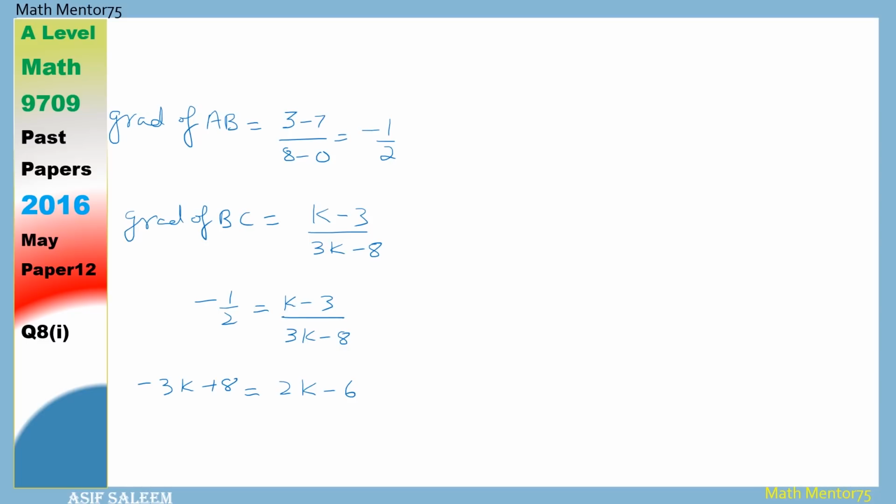So we have 8 plus 6, 14. 3k plus 2k is 5k. So after solving this, we have k equals 2.8. This is the value of K if C lies on the line A and B. It means if A, B and C are collinear, then the value of K is 2.8.